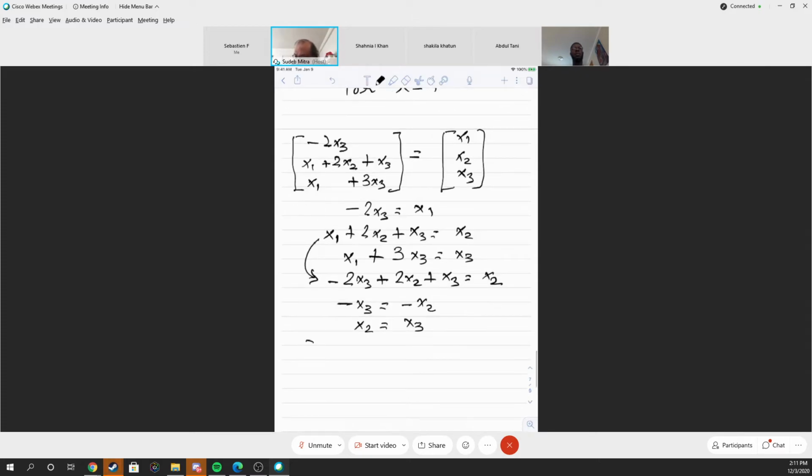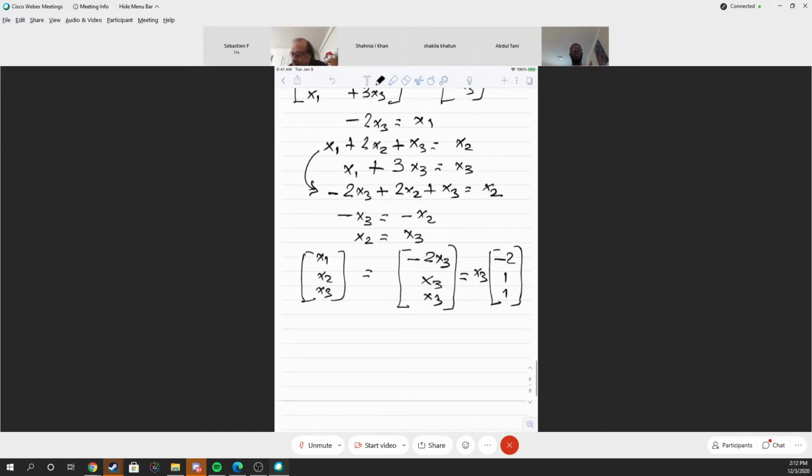So x1, x2, x3 becomes: x1 is minus 2x3, x2 is x3, x3. So x3 is a scalar, any scalar. That's the basis of one of the eigenspaces.